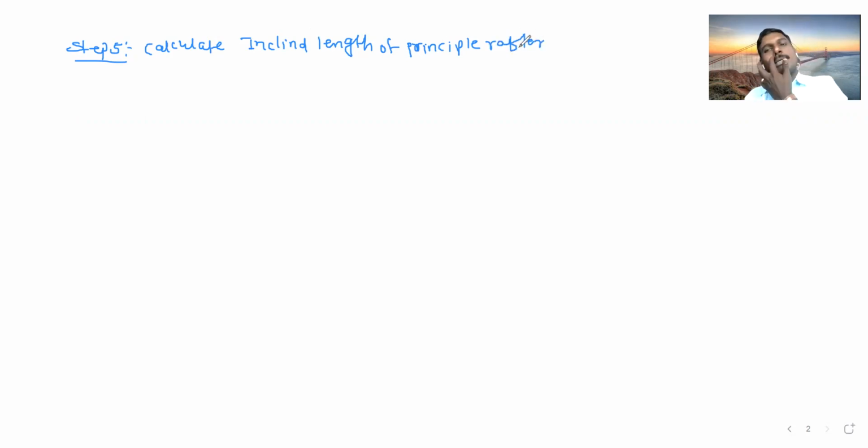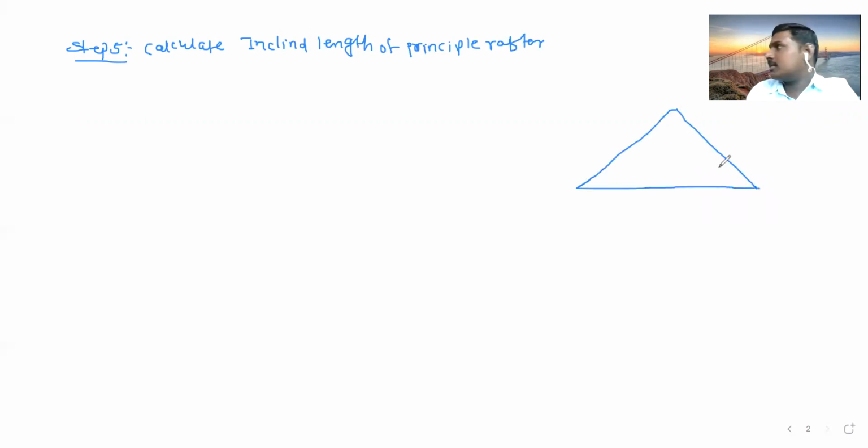It means what? If this is our truss, what is the inclined length? So this is the principal rafter, and this is the inclined length of your PR, principal rafter.